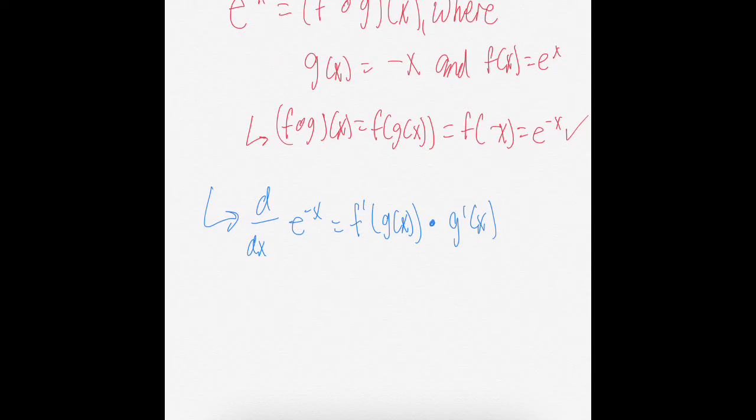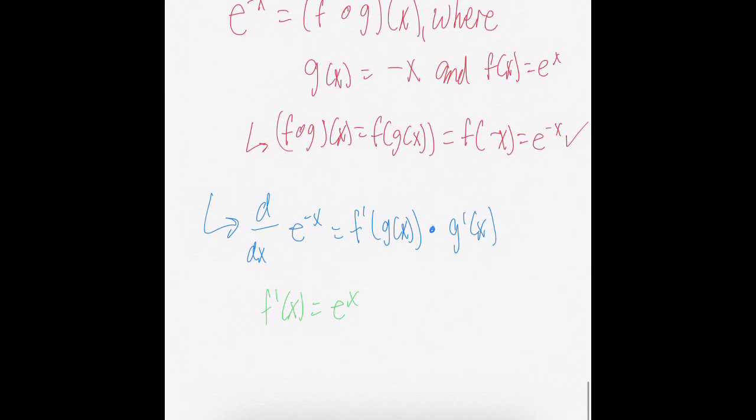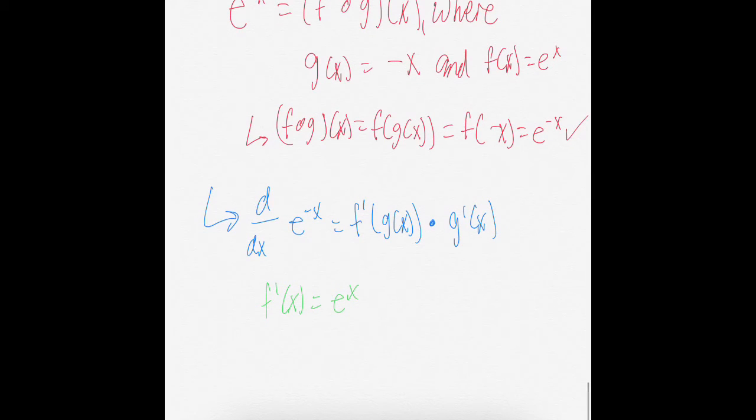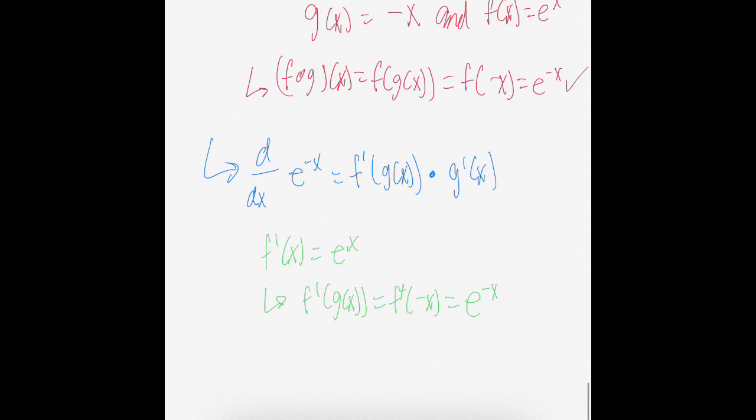Okay? So in this case, let me just make a note. f prime of x is just e to the x. That's one of the very important derivatives which we've learned in this section. The derivative of e to the x is just e to the x. So f prime of g of x is f prime of negative x, and that is just e to the minus x.